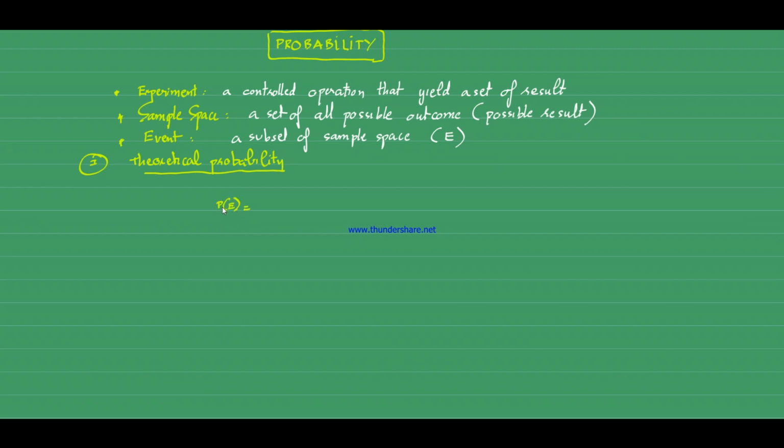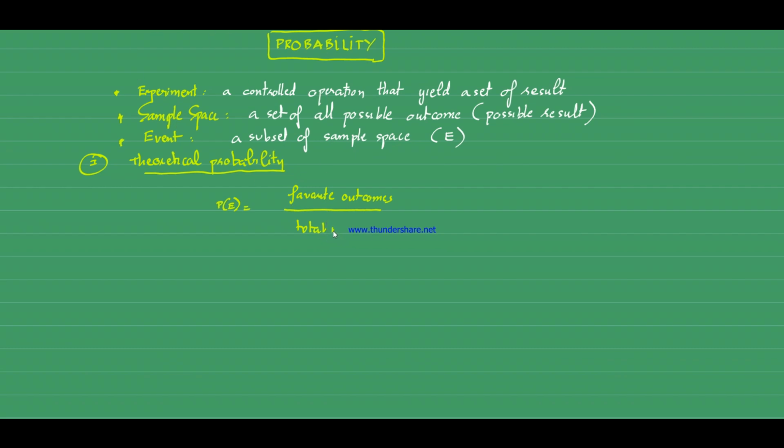P of E, the probability of event E, is the ratio of the favorable outcomes over the total number of outcomes.